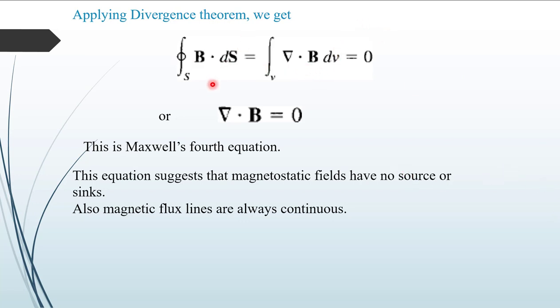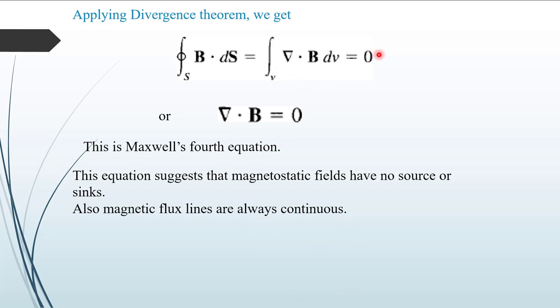Similarly, we can apply the same formula for B. The closed surface integration of B bar dot dS bar, which is 0, is also equal to the integration of del dot B dV, where small dV is the volume and del dot B is the divergence of B. So we can apply the divergence theorem to the magnetic field also.